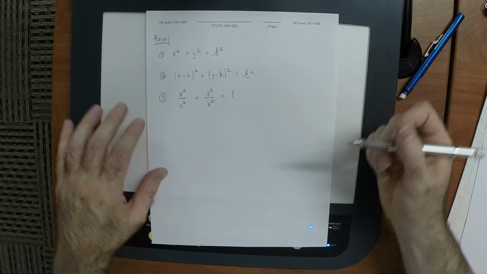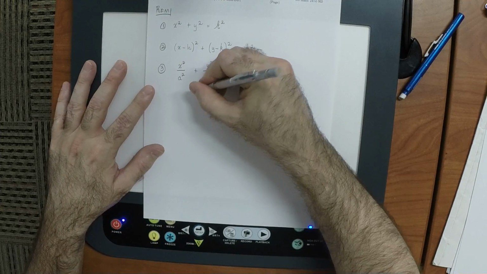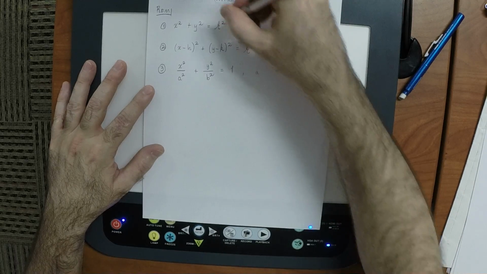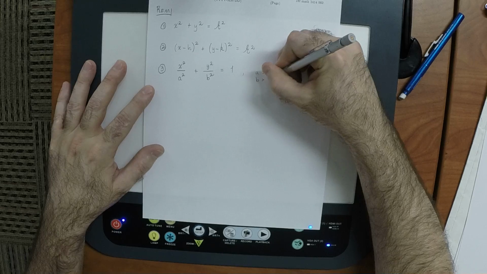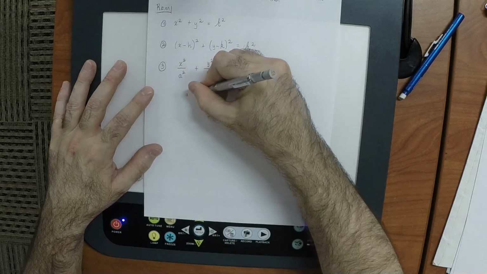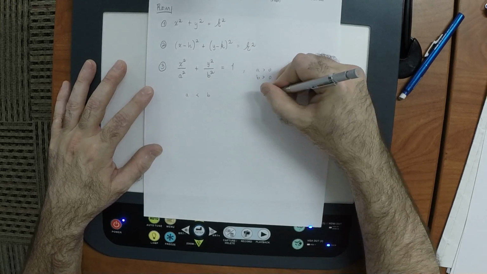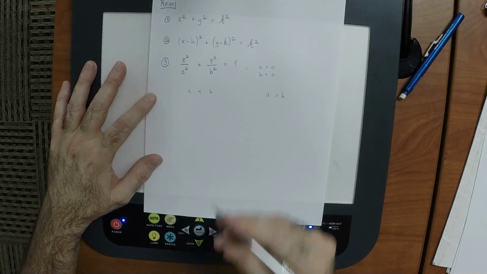What I want you to see from this is that there's two possibilities. Just like the radius is positive, we take a and b to be positive. One possibility is that a could be less than b. The other possibility is that a could be more than b.